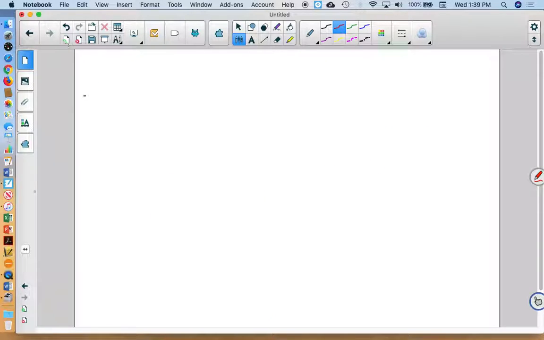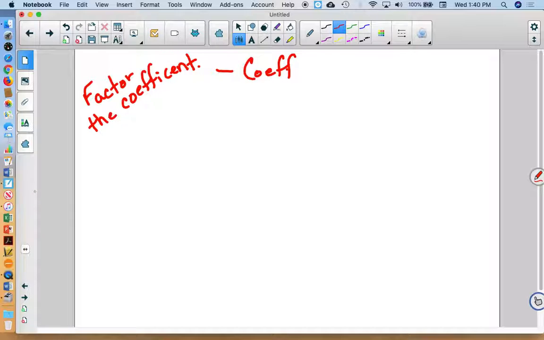Finally, you're going to be asked to factor the coefficient. Remember that the coefficient is the number attached to the variable.